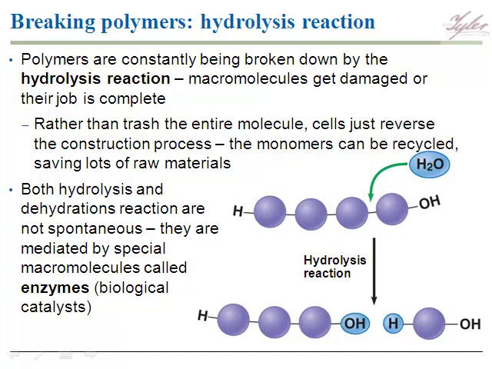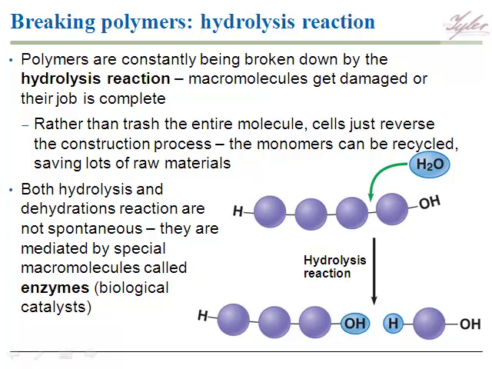And then breaking polymers, a hydrolysis reaction, is the exact opposite. And there are no other names that we're going to use for hydrolysis reactions. Macromolecules can get damaged, or for example, in the case of starch, it's made up of repeating units of glucose. We need to liberate those glucose molecules to use them in the cell. So rather than trash the entire molecule, the units can be broken off, like taking bricks out of a brick wall.